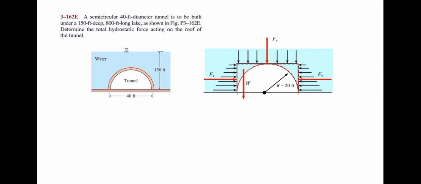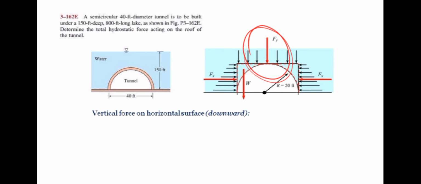Next, we will find the vertical force on the horizontal surface, which is the surface. So we will calculate this specific force, which is the average downward force on this horizontal surface. So again, we will use the force equation, which is this one. Now, this time, hc will be the distance from the surface of the water to the top of the tunnel.